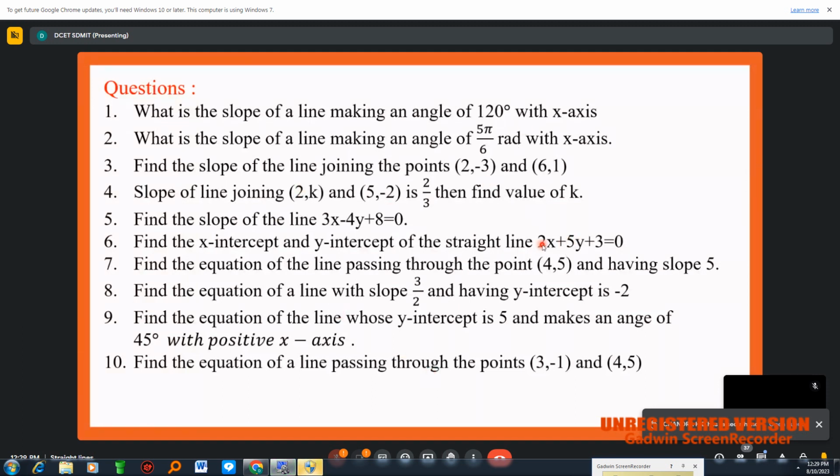So anyone finding any difficulty here? Others? Are you finding any difficulty in any questions?